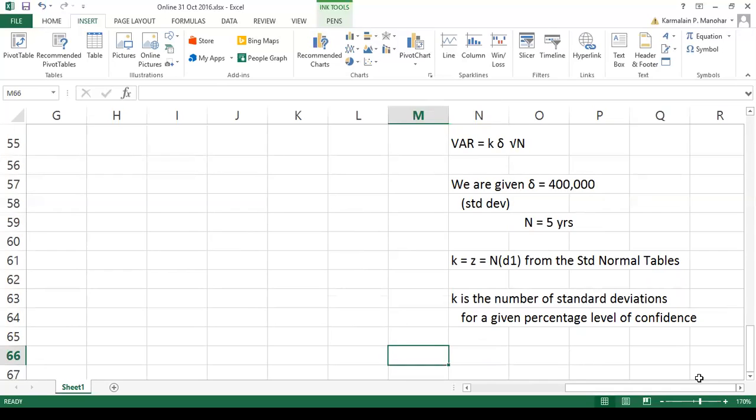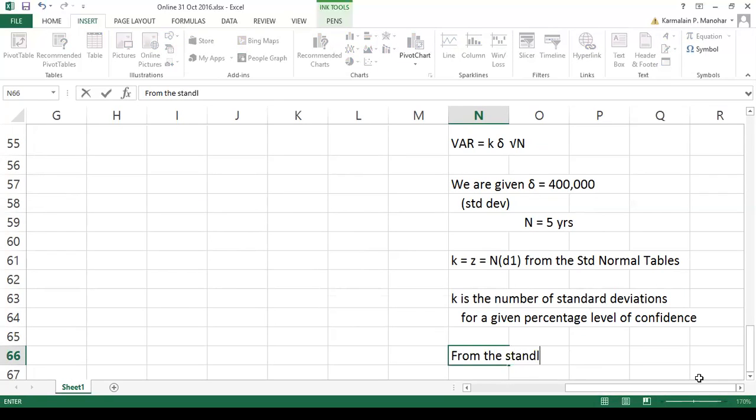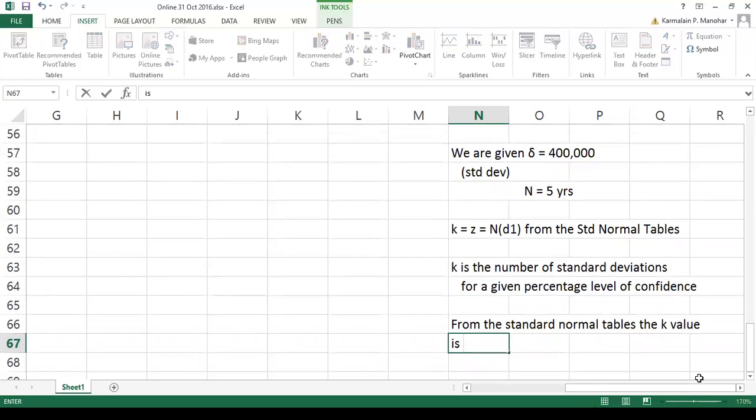Since the definition that they have there of K is not how we like it, I would proceed to type it out here again. So from the standard normal tables, the K value is what I like to call the headings of the required table value.